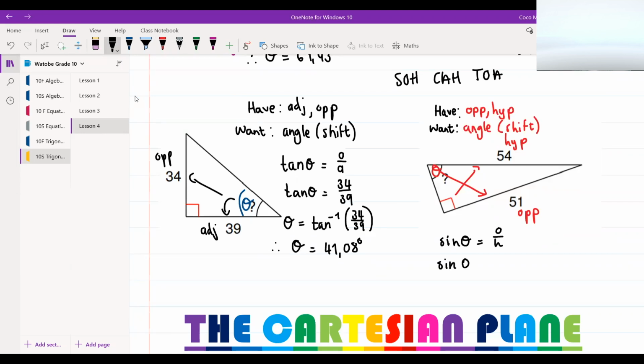Sine of theta is equal to, my opposite side is 51 over 54. Theta will then equal arcsine, or sine to the -1, as you guys call it, of 51 over 54. And therefore, theta is equal to 70,81 degrees.